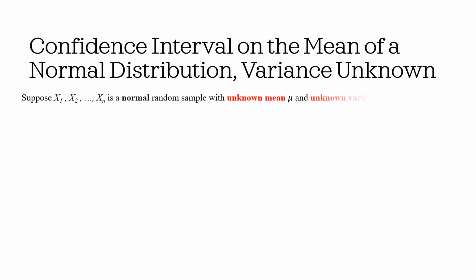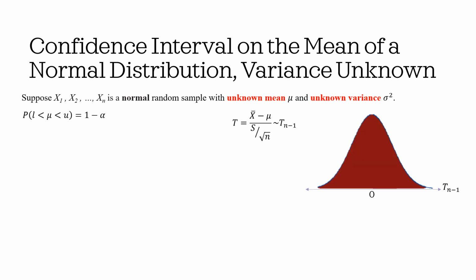Suppose we have a normal random sample of size n, x1 to xn. We want to find lower and upper bounds so that the probability of mu being between these bounds is 1 minus alpha. To construct this confidence interval, we will rely on the t-statistic we just derived that follows a t-distribution with n minus 1 degrees of freedom.